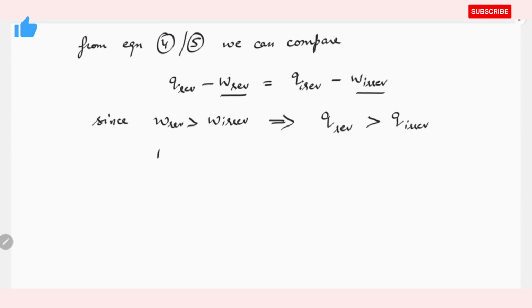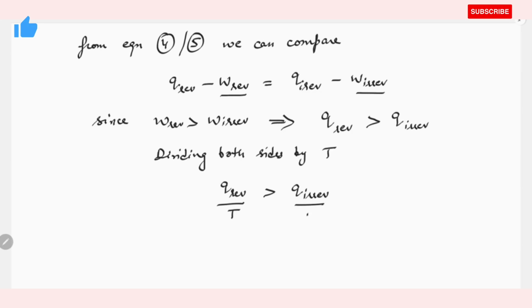Now, dividing both sides by T, you will get Q reversible by T is greater than Q irreversible by T.